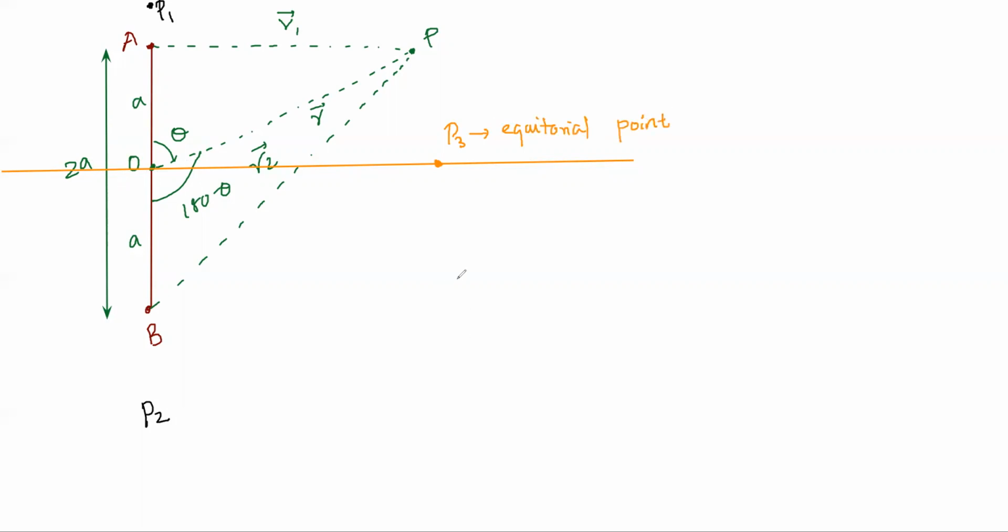Okay, now let us find the potential due to this dipole. We forgot to draw the charges, so plus q here and minus q here. Okay, and we have derived the formula: p vector dot r cap by 4 pi epsilon naught r cube. Sorry, it's r square. For electric field, it is r cube. So here it is r square.